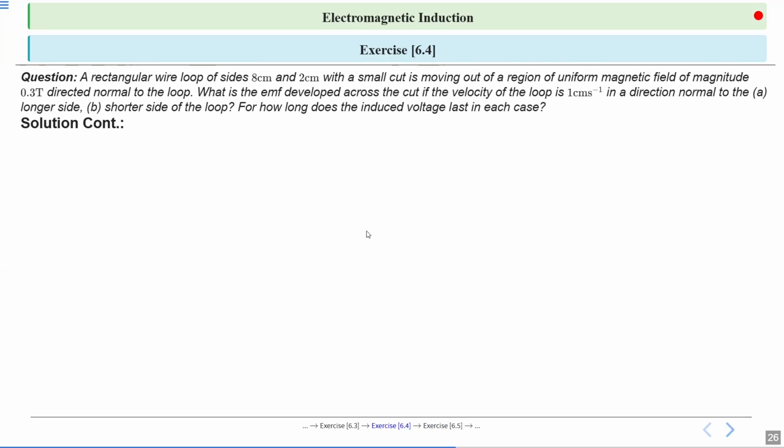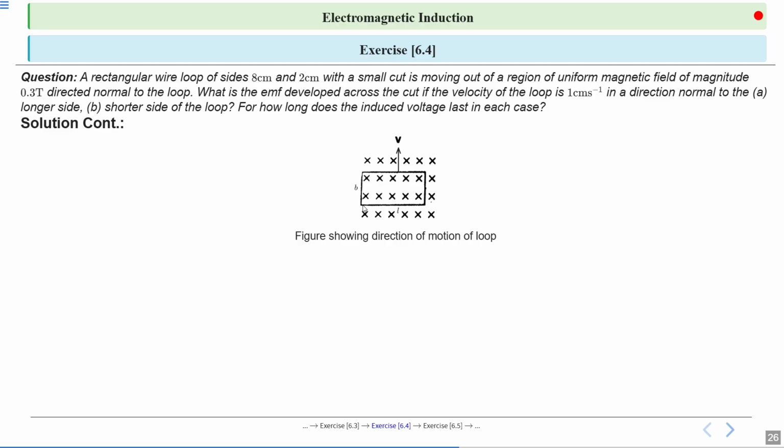Now we have to find for how much time EMF will last in each case. If this loop is at the edge of the magnetic field, there is a maximum flux through the coil, means the loop is completely inside the magnetic field, but just after it starts to come out of the magnetic field, how much distance it has to cover to completely come out of the magnetic field, that is B, width.